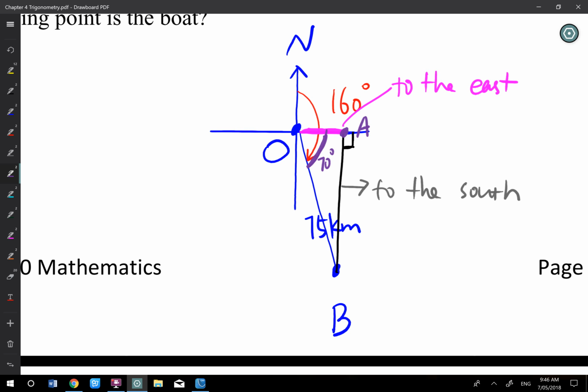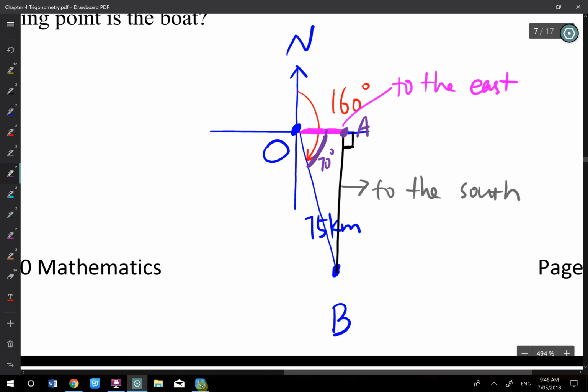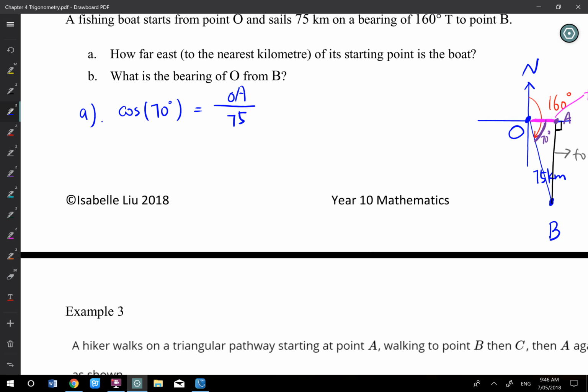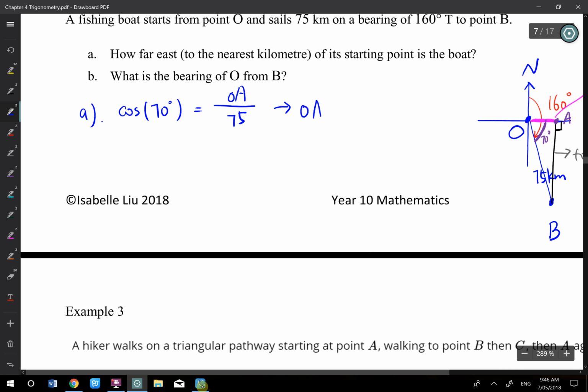So what I can do is, I know the length of the hypotenuse, and I want to find the length of the adjacent. So cosine 70 degrees equals OA over 75, the adjacent over the hypotenuse. Okay, that's the cosine. And we know OA is 75 times cosine 70 degrees.